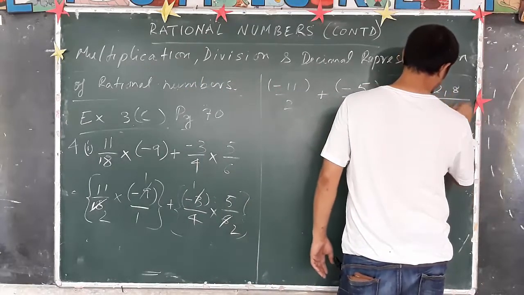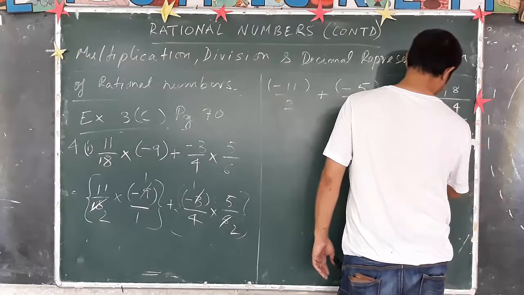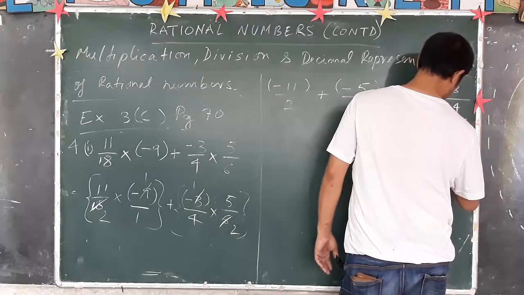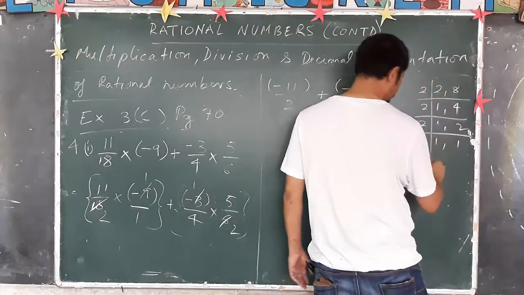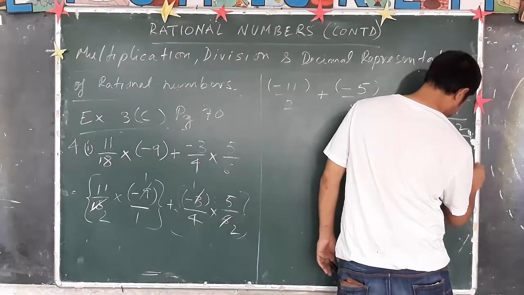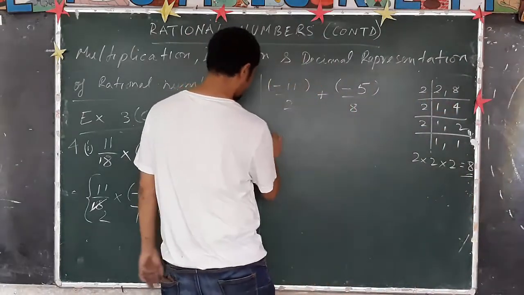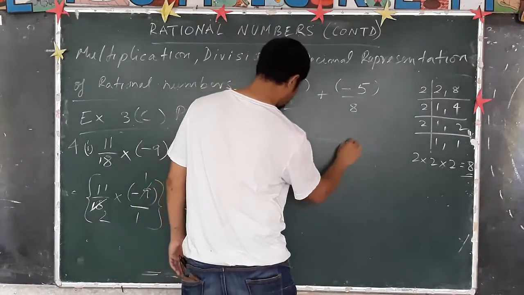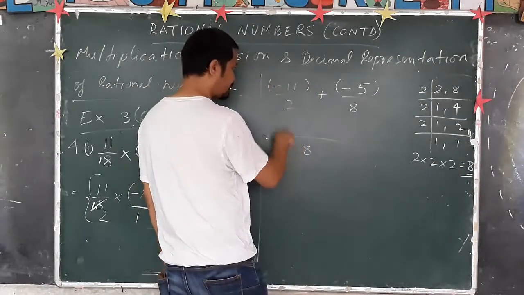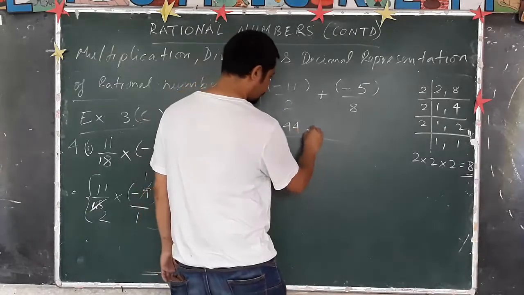2 ones are 2, 2 fours are 8, 2 ones are 2, 2 twos are 4, 2 ones are 2. Okay, so this will be 2 into 2 into 2, 2 twos are 4, 4 twos are 8. 8 is the LCM. Okay, now 8 is the LCM. 2 fours are 8, 4 11s are 44, plus into minus, minus, plus.